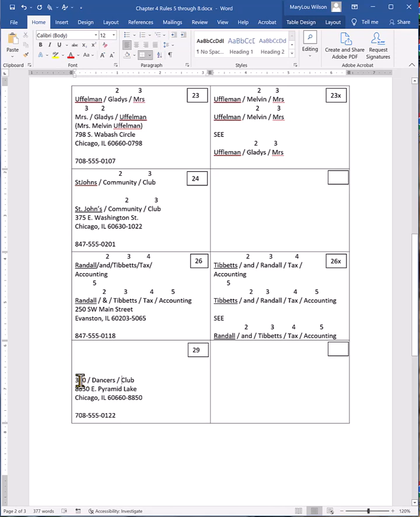And when we code this, that 360, because it's at the beginning of the business, is going to become the key unit. And then we will make Dancers unit 2 and Club unit 3.